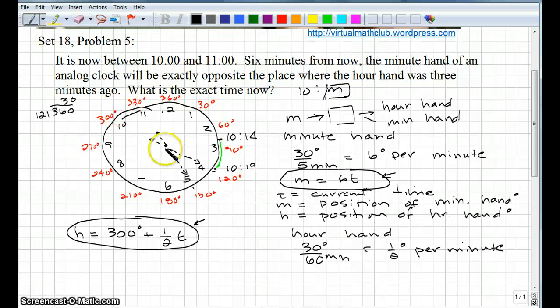So let's read carefully. 6 minutes from now, the minute hand of an analog clock will be exactly opposite the place the hour hand was 3 minutes ago.